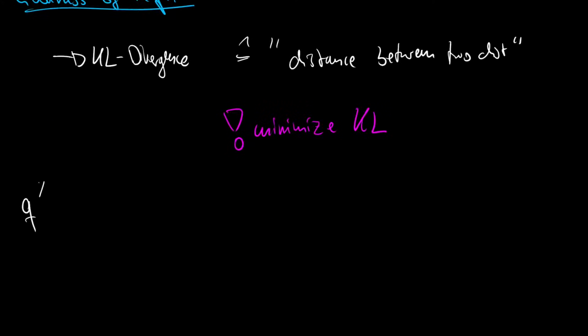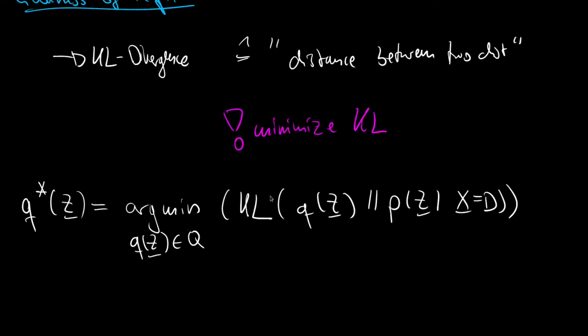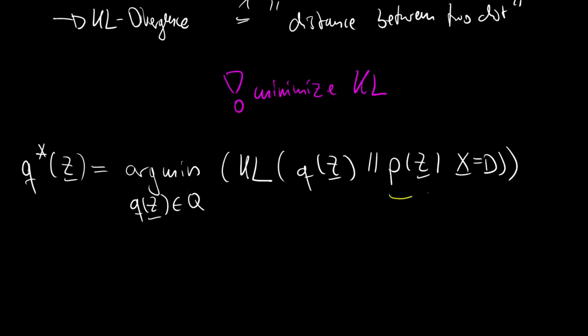We find Q star of vector Z as the arg min over all Q of Z from a certain family of distributions, for instance, think of Gaussians, over the KL divergence of Q of Z to P of Z under X given by the data D. I will also use a shorthand notation for this one here.